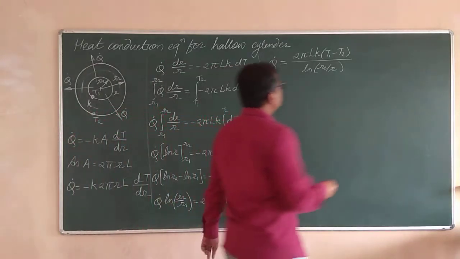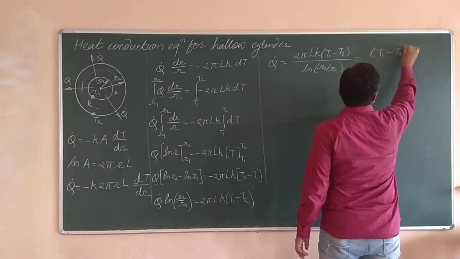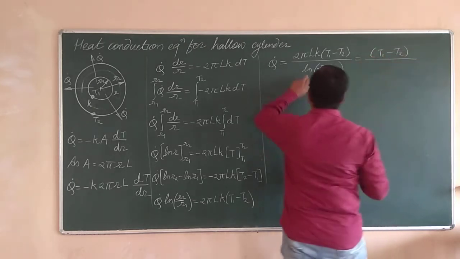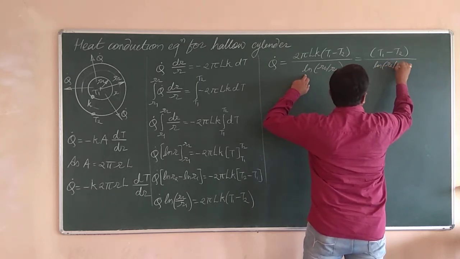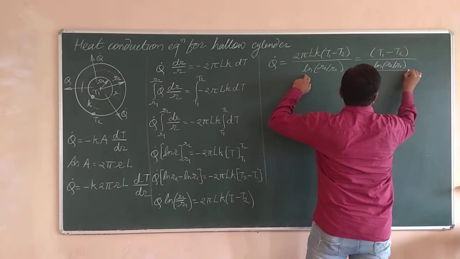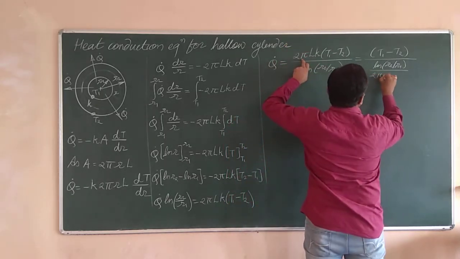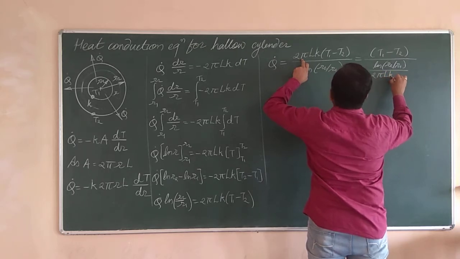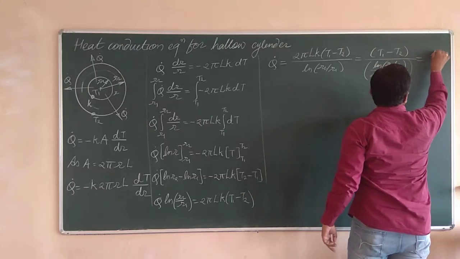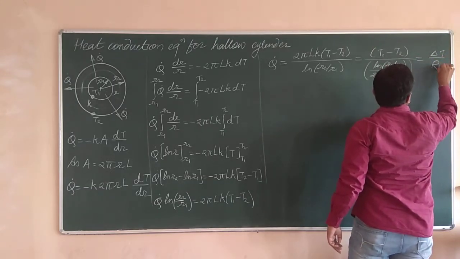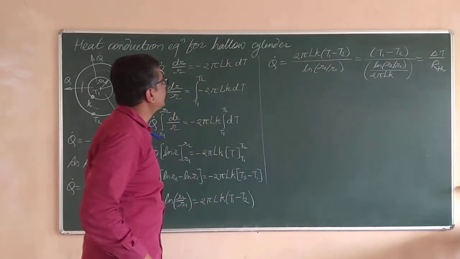The same equation I would like to reshuffle as T1 minus T2 whole divided by the term natural log of R2 by R1 divided by 2 pi Lk. Now I am going to take this into the denominator, and one more term: out of that I would like to equate it to delta T by R thermal, which is the thermal resistance of that particular hollow cylinder.